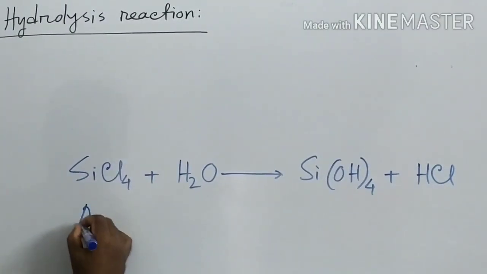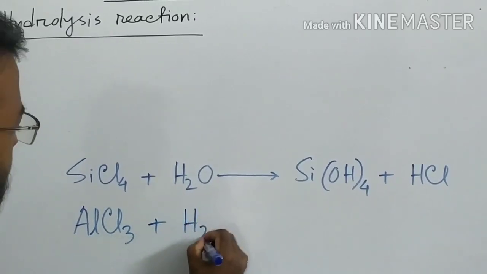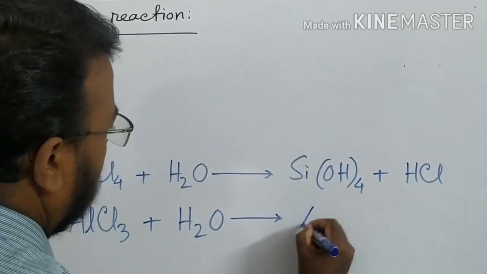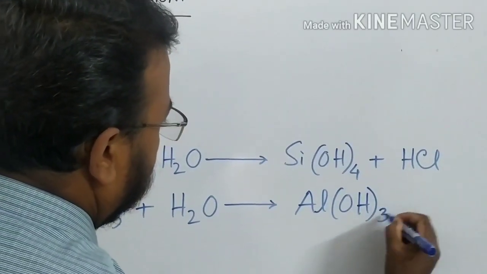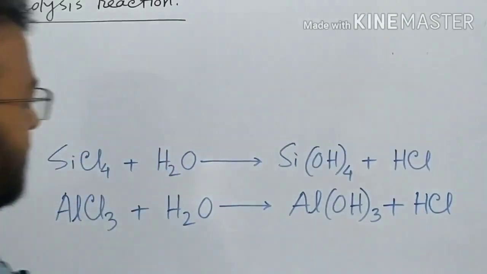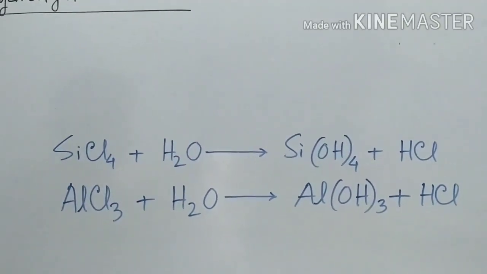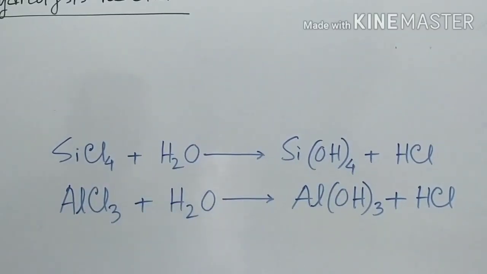Then aluminum chloride reacts with water to produce aluminum hydroxide plus hydrochloric acid. So now we see that the compounds are reacting with water to produce new compounds.